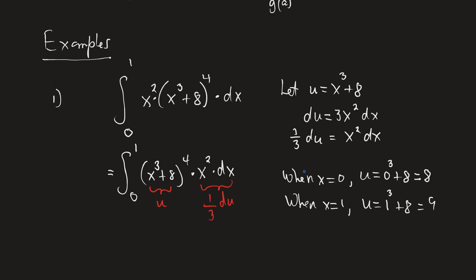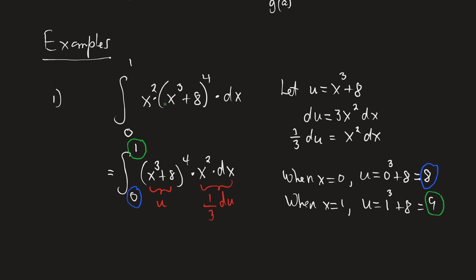What used to be 0 before the substitution is now going to be 8, and what used to be a 1 as my upper limit is now going to be 9. Right? So let's write it down now.